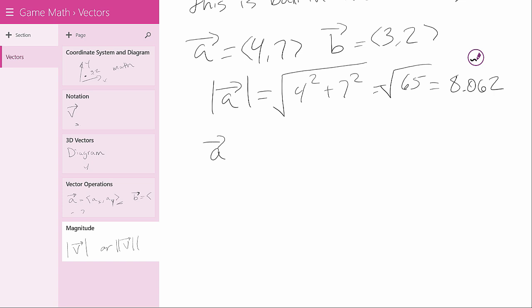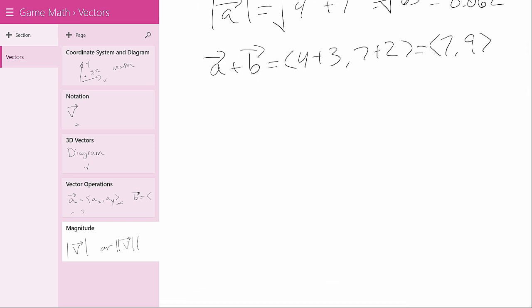Just for fun, let's do a plus b, and that equals 4 plus 3, comma, 7 plus 2, and that is equal to 7, 9. So the vector a plus b is 7, 9.